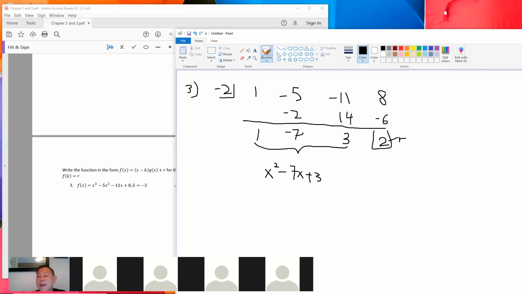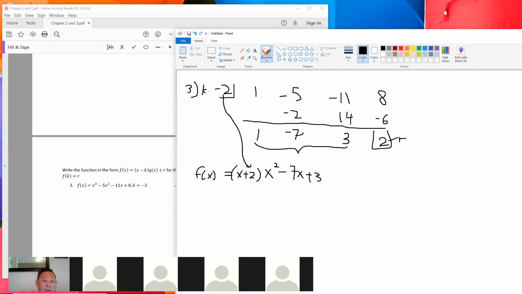Now, last time you had the remainder over x plus 2. This is a little bit different. In this case, you want to write this in the division algorithm form. So you put f of x equals x minus k. x minus k in this case is x plus 2, because this is -2 and this is your k.